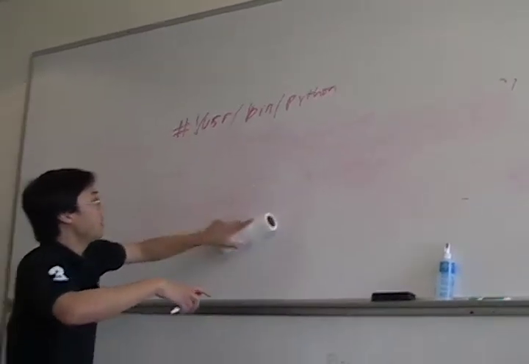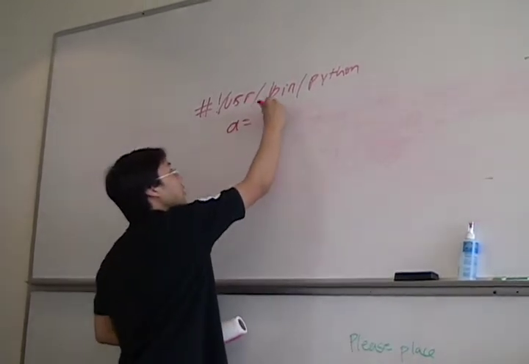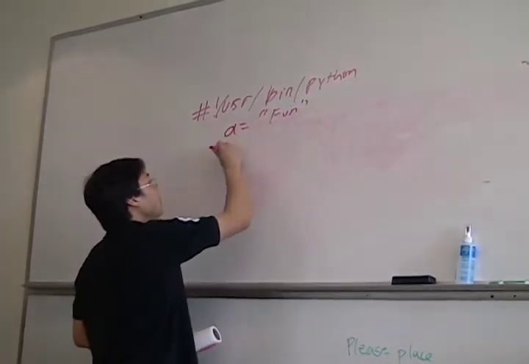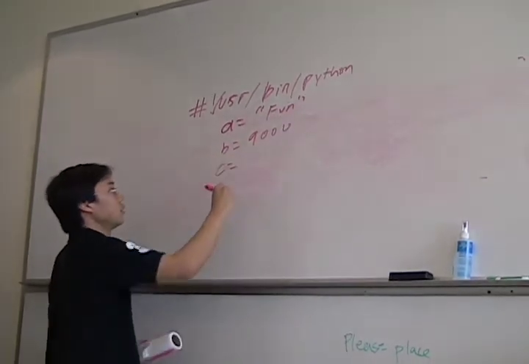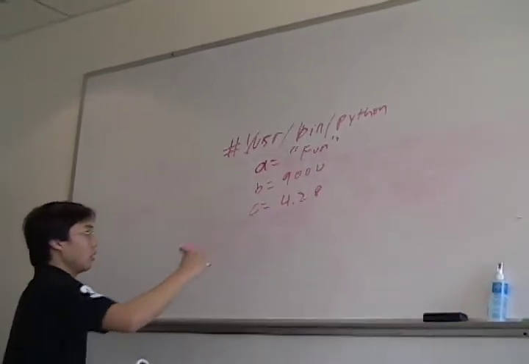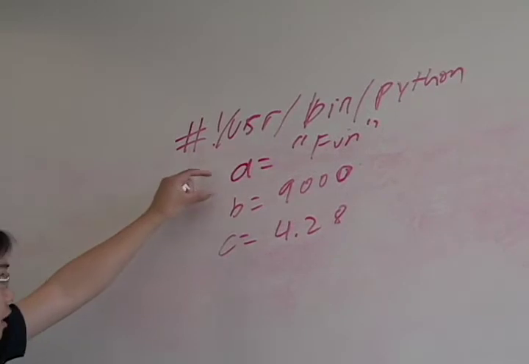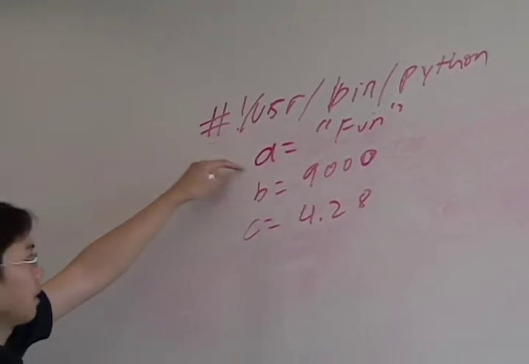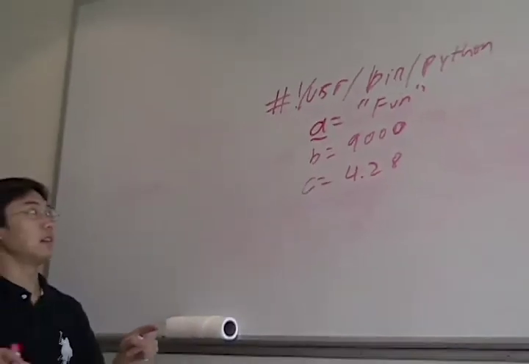Alright, so we have variable names. A is equal to 1, B is equal to 9,000, C is equal to 4.28. So what does each of them represent? In any programming language, this represents a variable name, a placeholder.